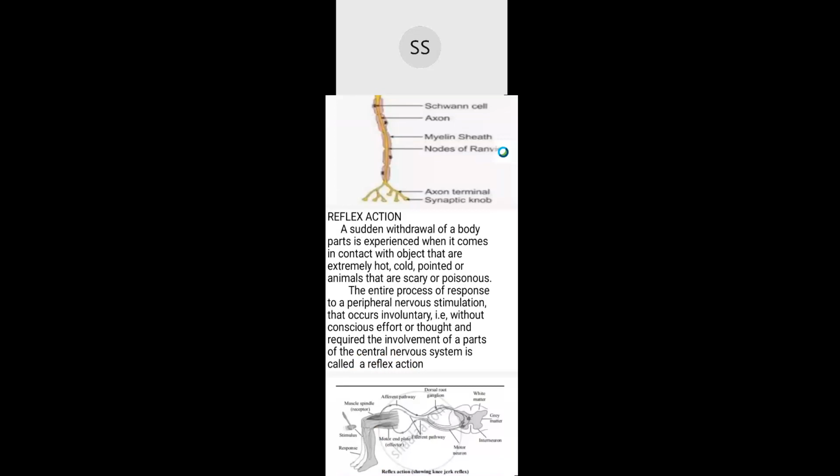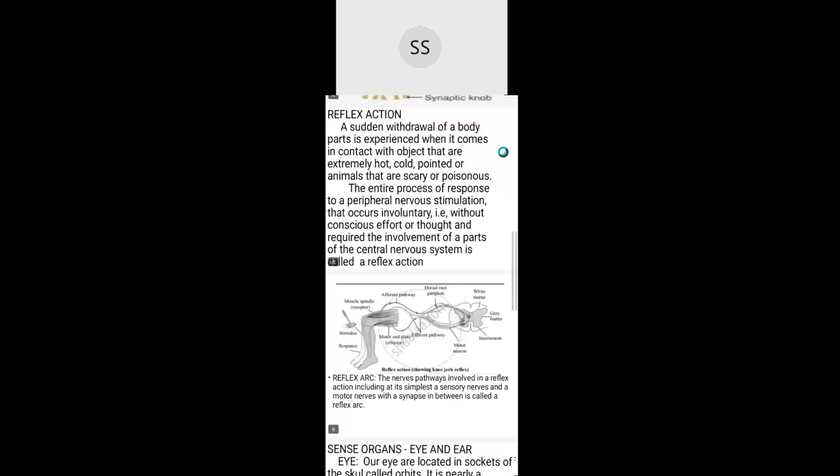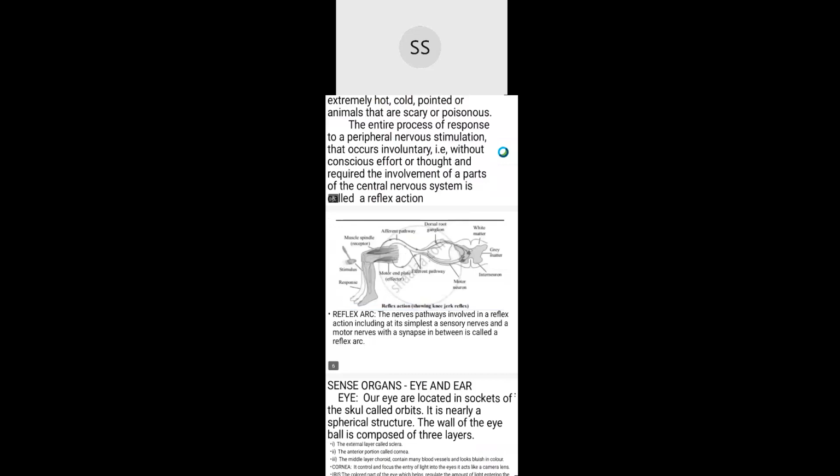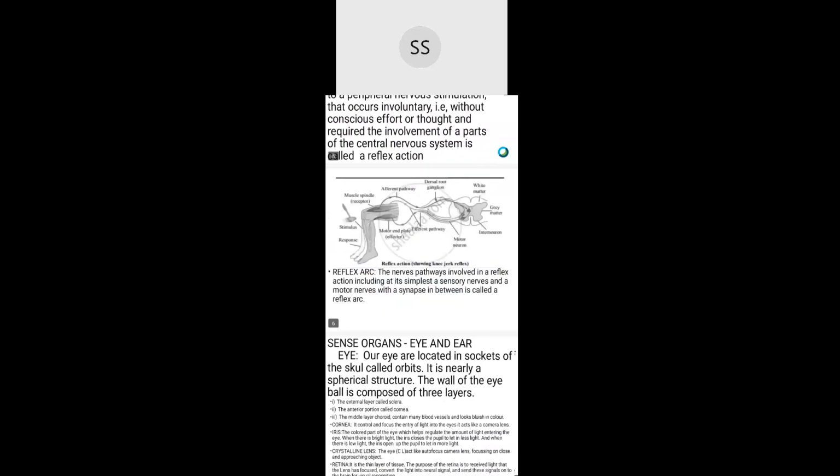The entire process of response to a peripheral neural stimulation that occurs involuntarily, without conscious effort or thought, and requires the involvement of a part of the central nervous system, is called a reflex. Reflex arc: the nerve pathway involved in a reflex action, including, at its simplest, a sensory nerve and a motor nerve with a synapse in between, is called a reflex arc.